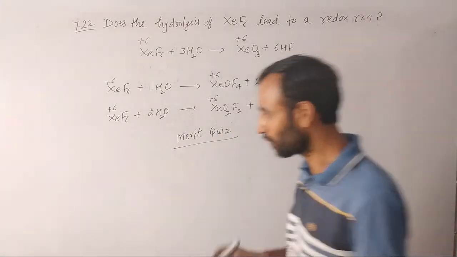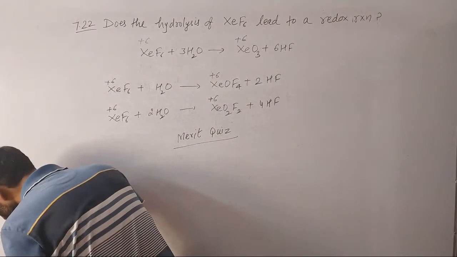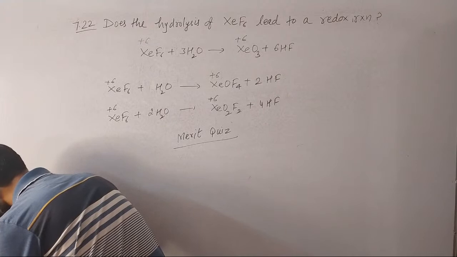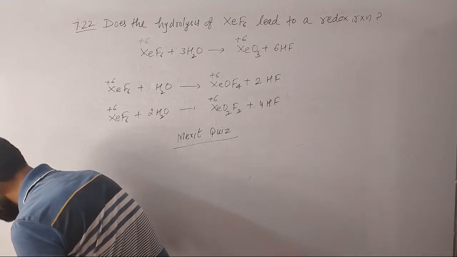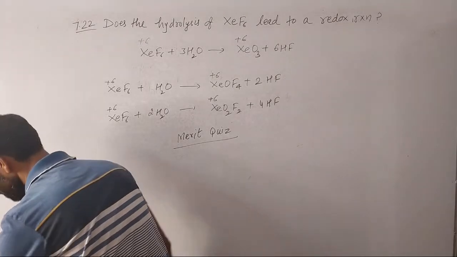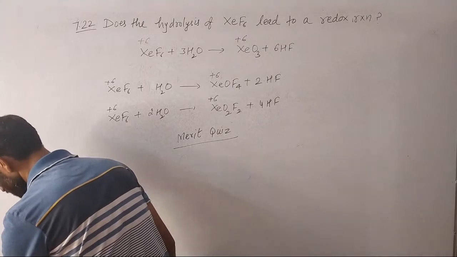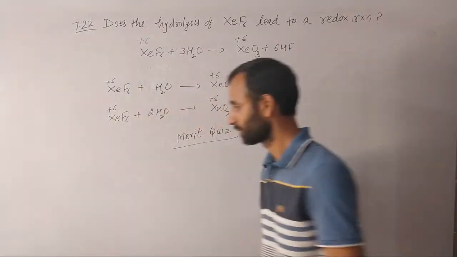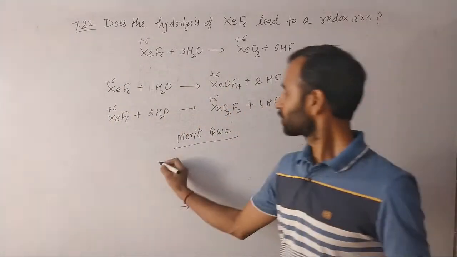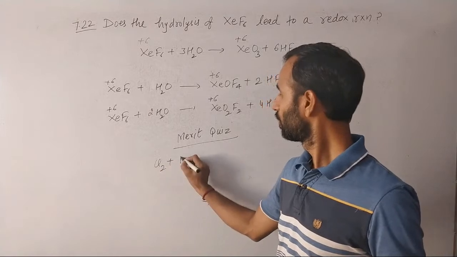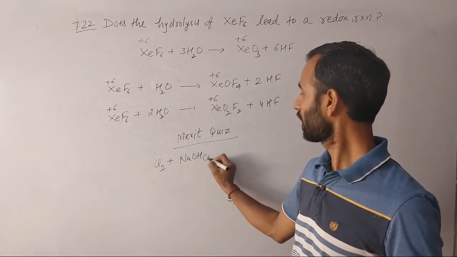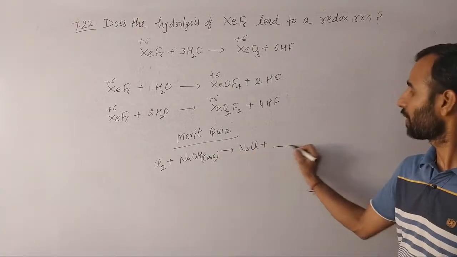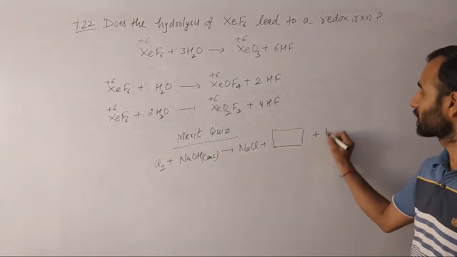So the question for you is, Cl2 with concentrated NaOH will give NaCl plus something plus H2O.